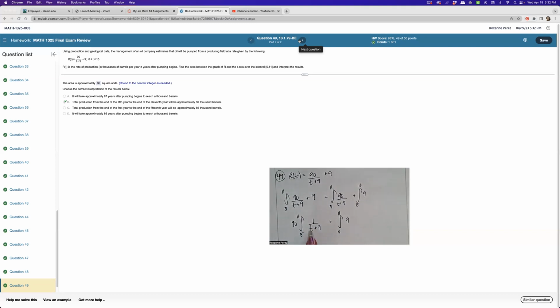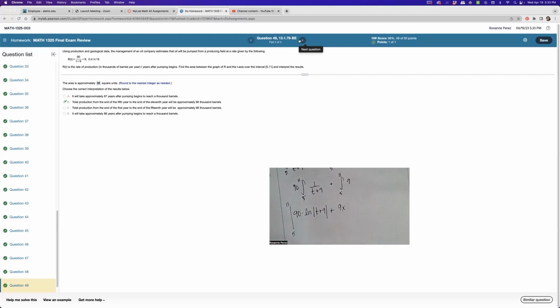Okay, and so the integral of this term, 1 over t plus 9, is going to give me 90 times the natural log absolute value of t plus 9, plus we know the integral of 9 is just going to be 9t, and we're going to evaluate all of this from 5 to 11.